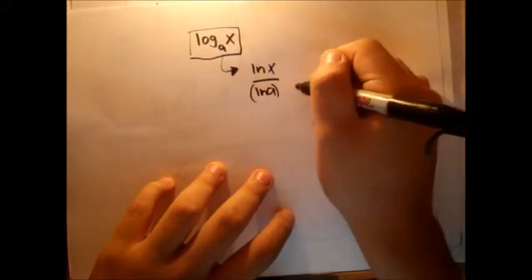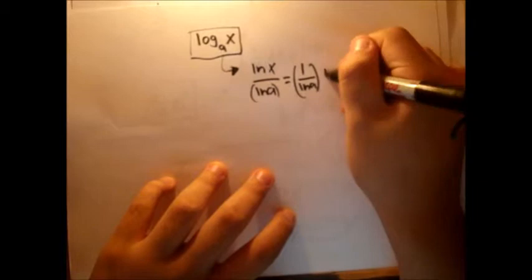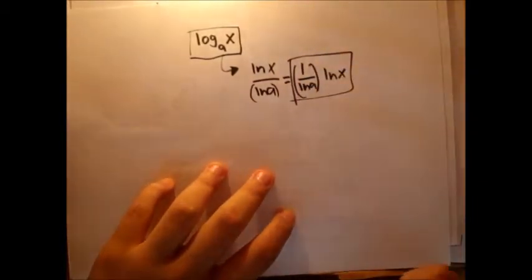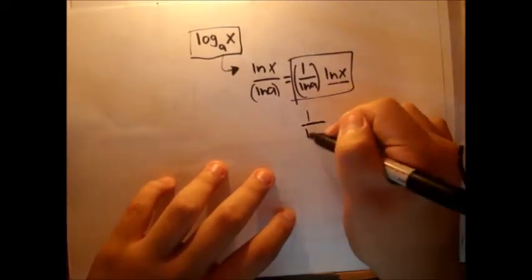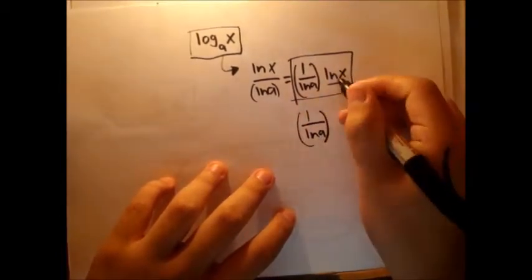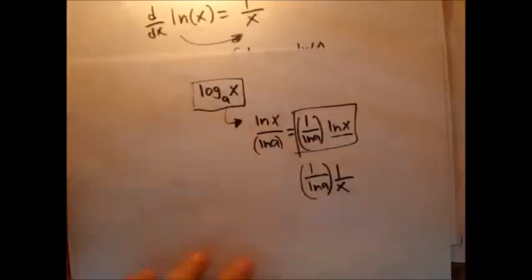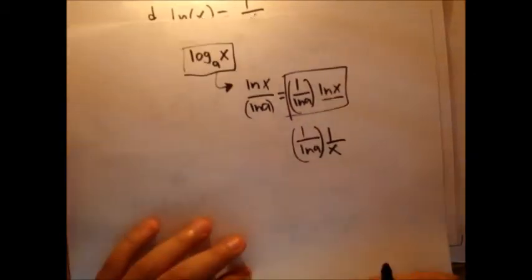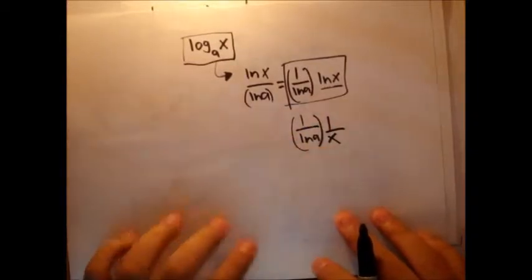Now this constant ln a can just be written right here. It didn't do anything. It's just more convenient. And now once we have it in this form, it's fairly easy to take the derivative. Constant doesn't change anything because it's being multiplied, and the derivative of ln x is just 1 over x. So, the derivative of log base a of x, where a is just any other constant other than e, is just 1 over ln a times 1 over x.